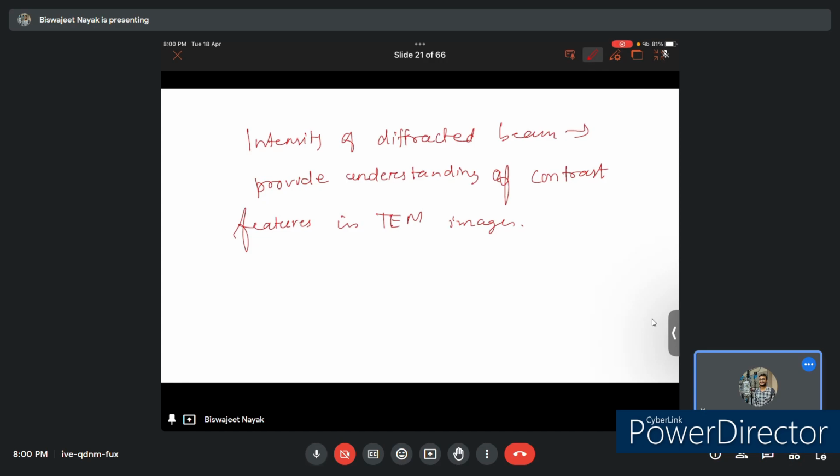So in TEM, repeated diffraction takes place, which is called dynamical diffraction.